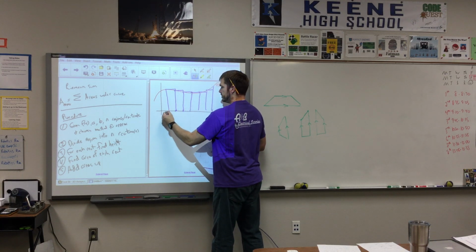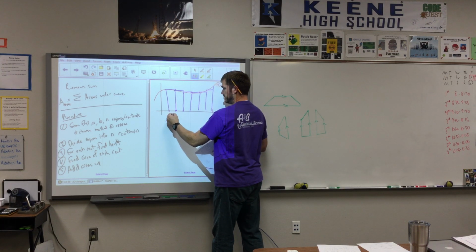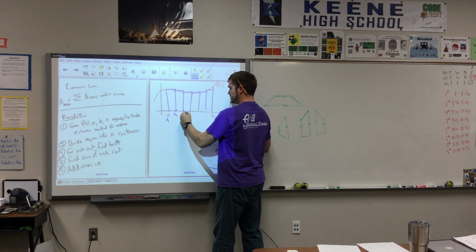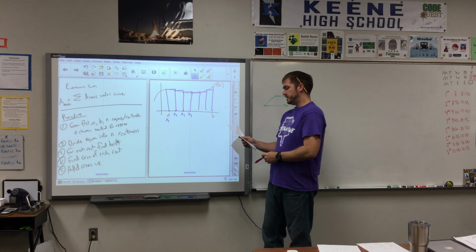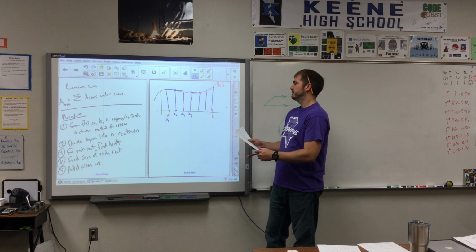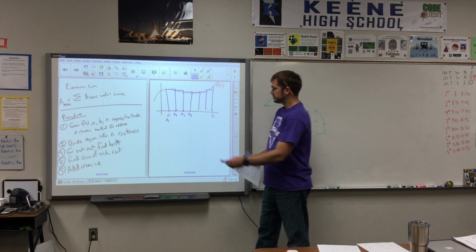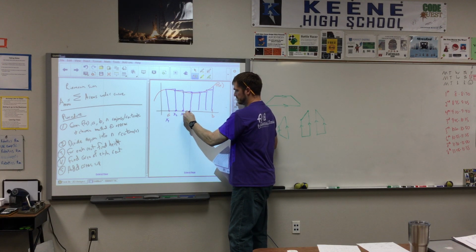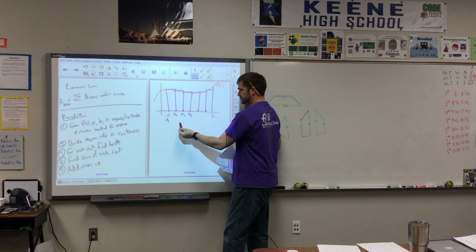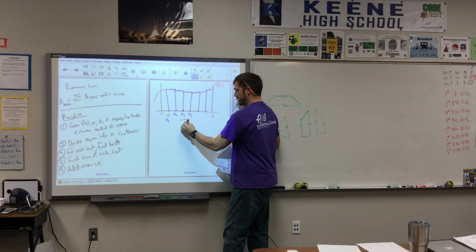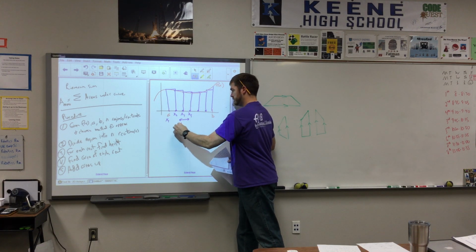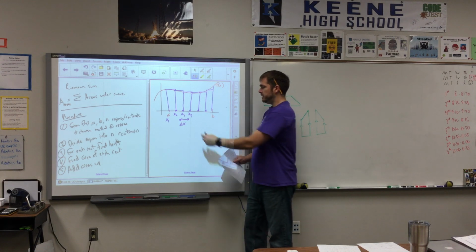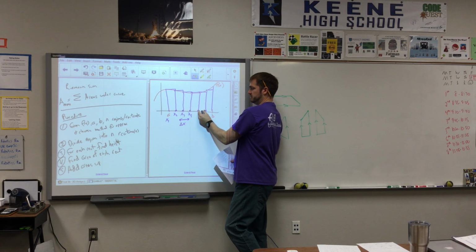A can be x1, x2, x3, x4, and we can go on down the list there. And the distance between any one of them is delta x.